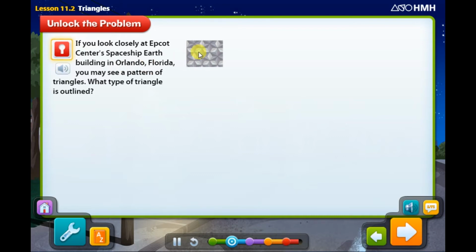What type of triangle is outlined? Before figuring out what type of triangle, we have to classify triangles according to their sides and according to their angles. So let's figure it out.